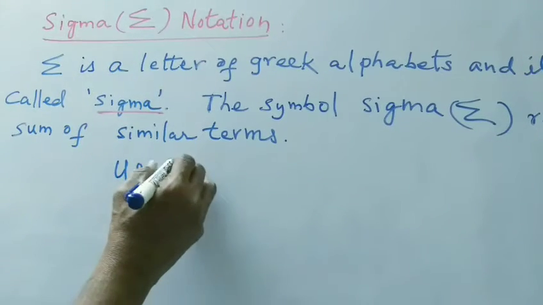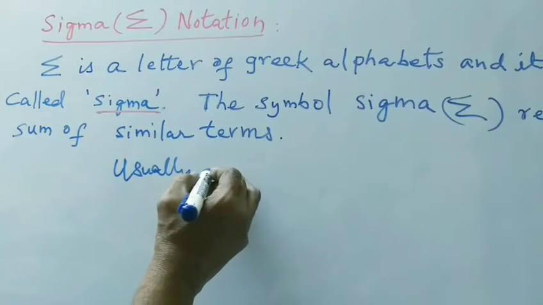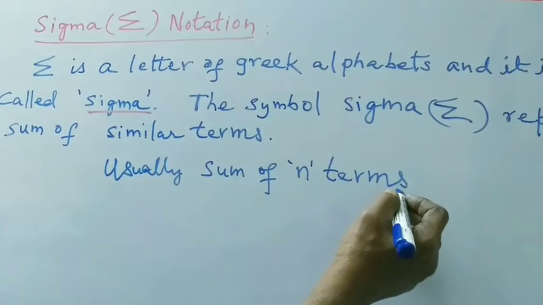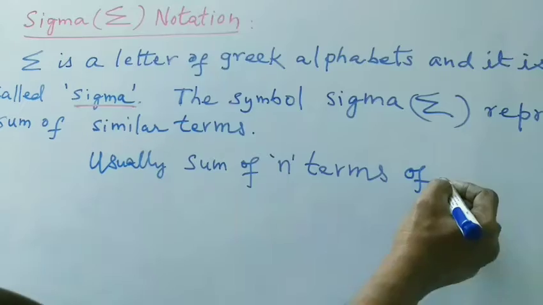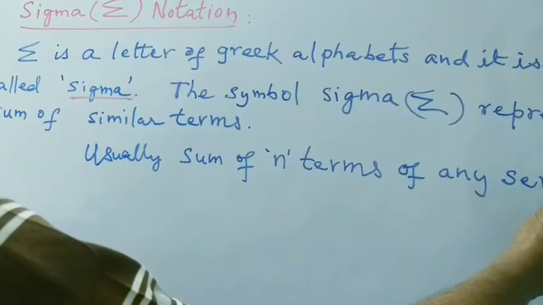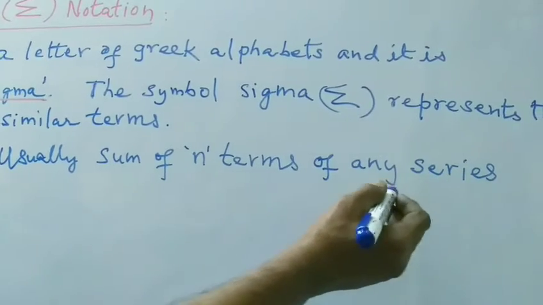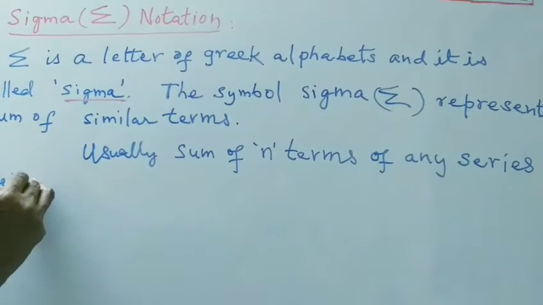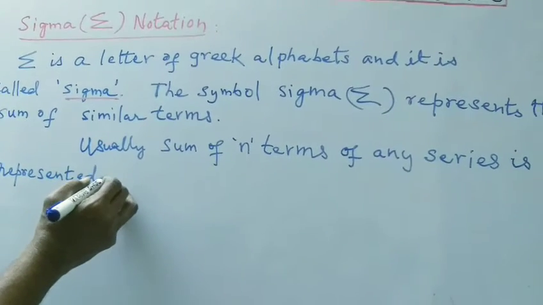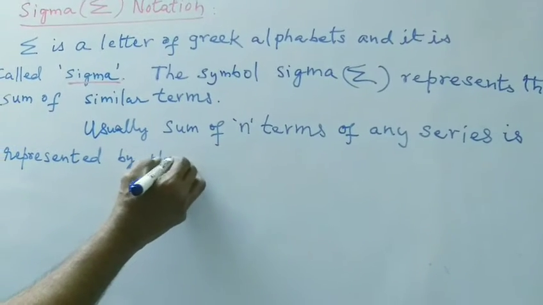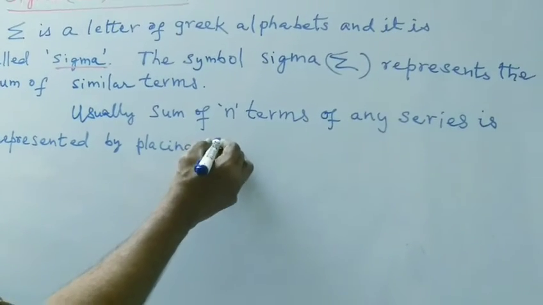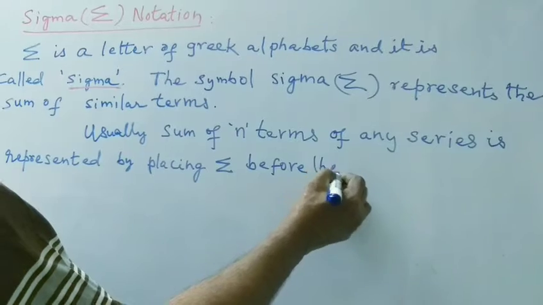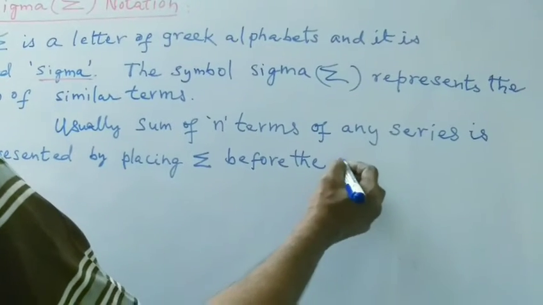Usually, sum of n terms of any series is represented by placing sigma before the nth term of the series.